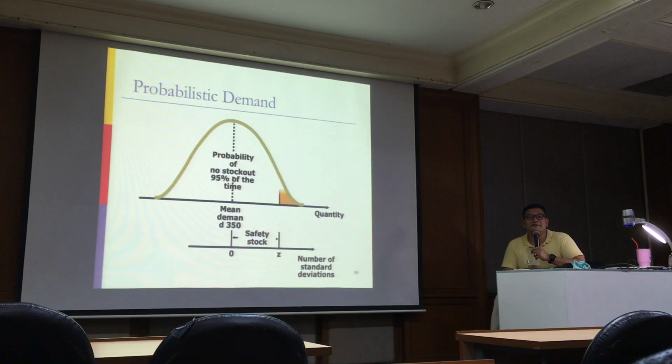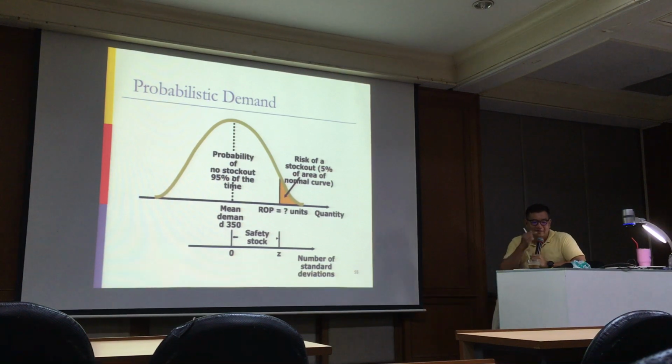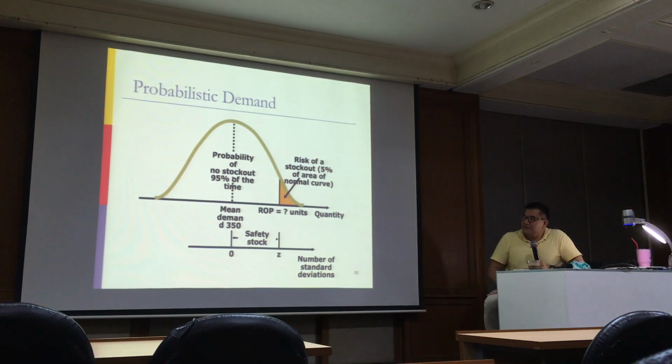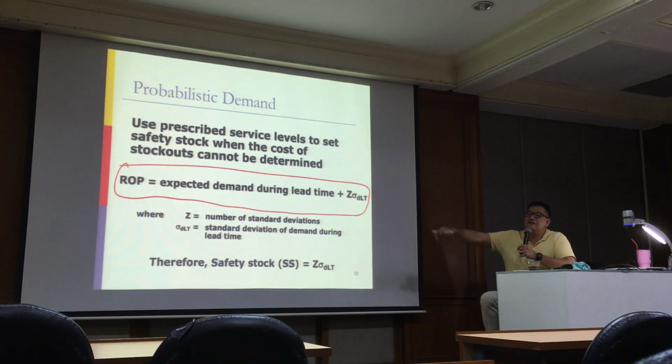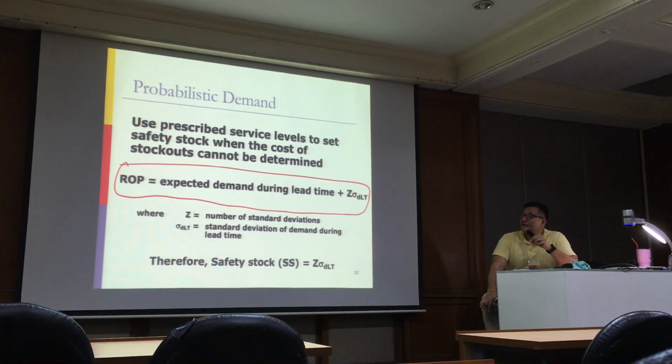Any questions? If you have trouble here, just use this one. This is the formula that you need to follow. For the expected demand during the lead time, no matter what they tell you about demand and the time, you just use demand and the time multiplied together.